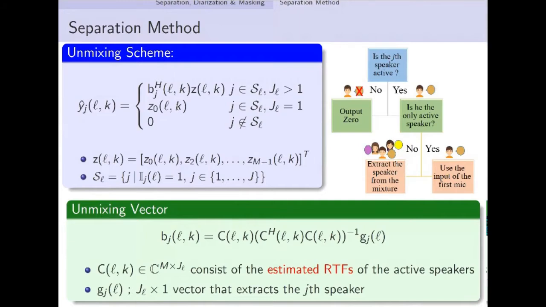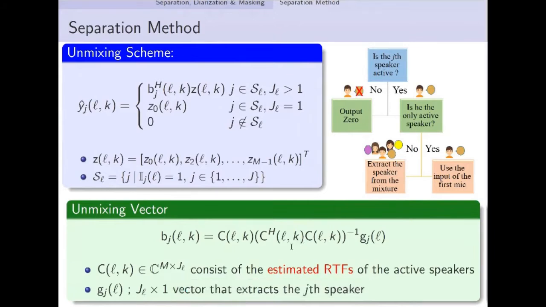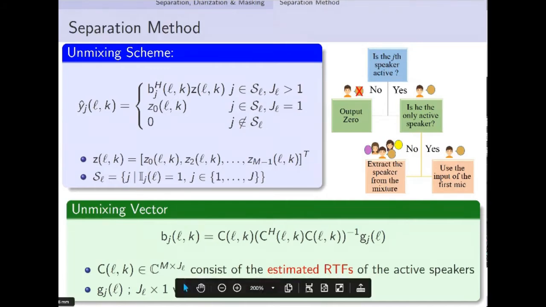If there is more than one speaker, but still, recall, fewer than M, the number of microphones, then I have to apply some type of separation. For the separation, I apply the LCV beamformer, which in the noiseless case becomes just a matrix pseudo-inverse, the pseudo-inverse of this constraint matrix. The constraint matrix is related to the estimated RTFs, which we still need to estimate.